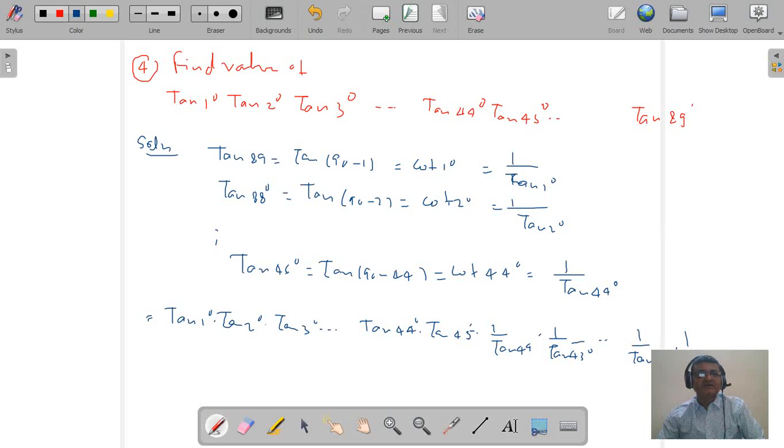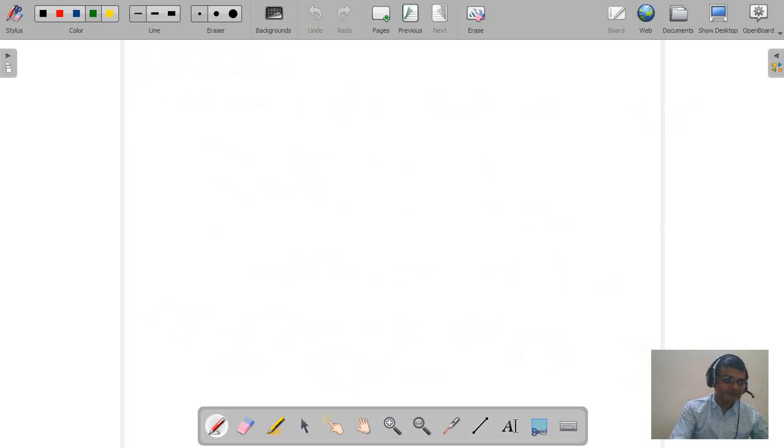So you can see that we can get it cancelled, tan 1, this tan 1, tan 2, this tan 2, likewise all these will get cancelled. Only one thing will remain, that is tan 45 degree, which is equal to 1. So the answer is 1. This is the answer. So you can see how we are utilizing the complementary angle formula. Now we are moving to the next question.